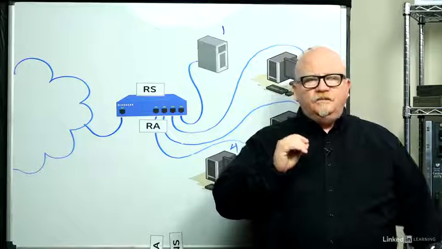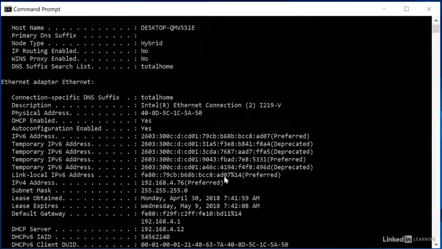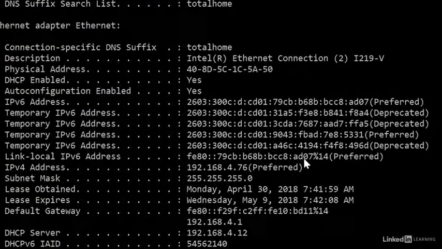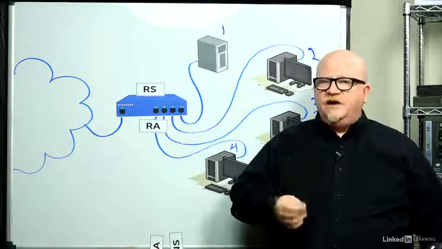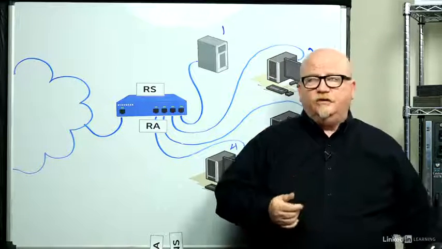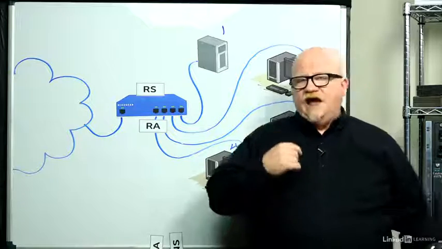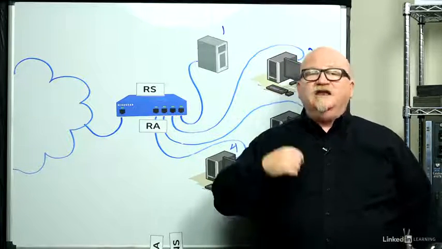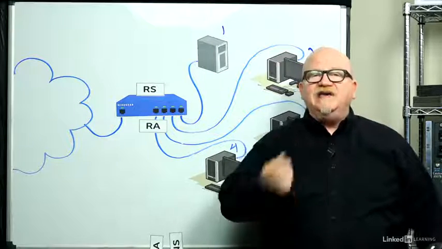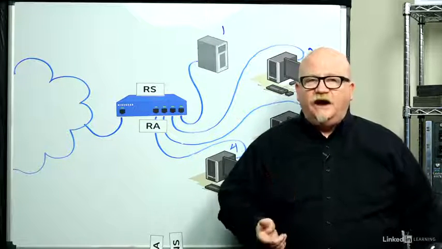Now, when we were looking at ipconfig a moment ago, one of the things you probably noticed is that there were lots of IPv6 internet addresses. There was one address and a bunch of other addresses that said temporary. IPv6 is really security conscious, and depending on the operating system, Windows is notorious for this, the operating system can spin up multiple instances that use different IPv6 addresses every time.